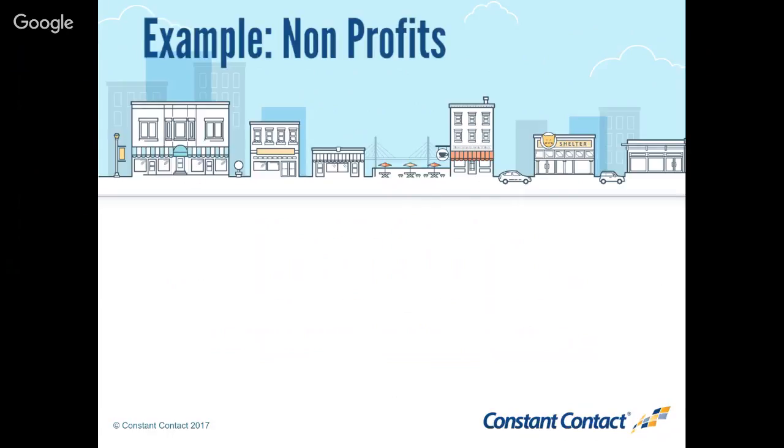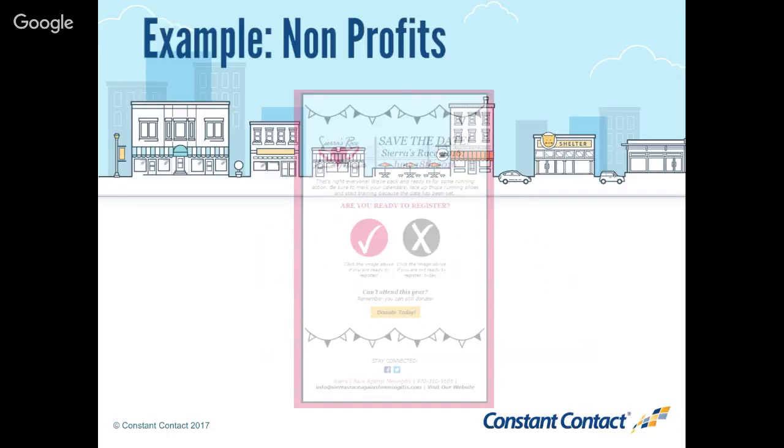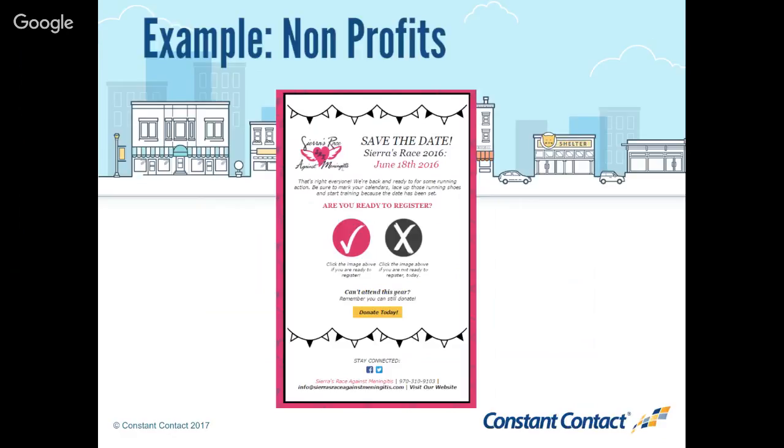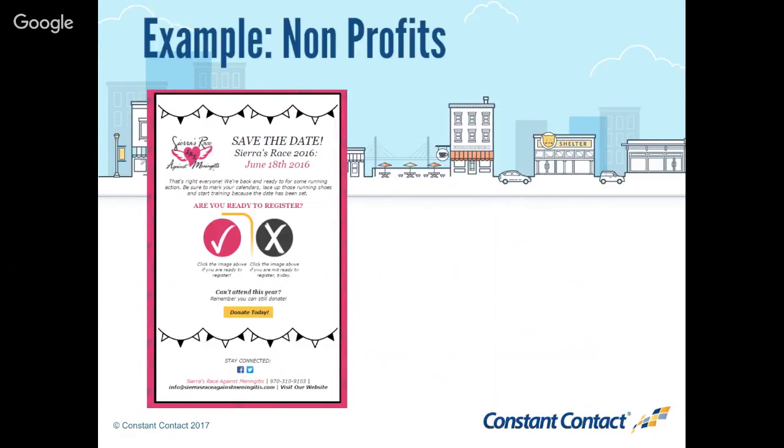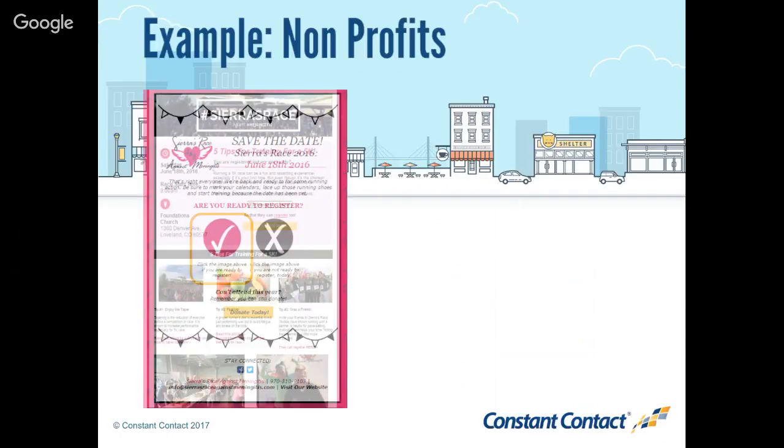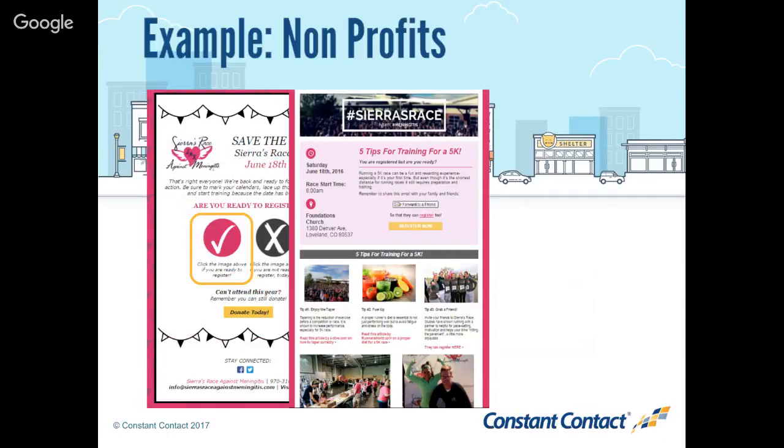As a nonprofit, I want to talk to you about Sierra's Race. They're an organization that sends emails and save the date messages asking their participants to register for a race. For those who say yes and register, they are taken off that general list and put on a list that triggers an auto response series with information on training for a road race, anatomy of running shoes, and prizes they'd have a chance to win by attending that race.